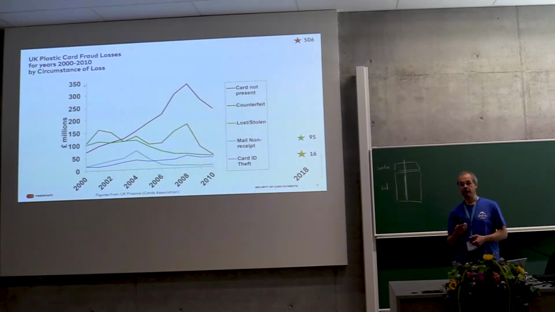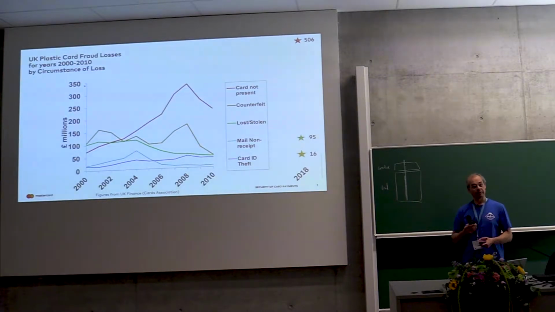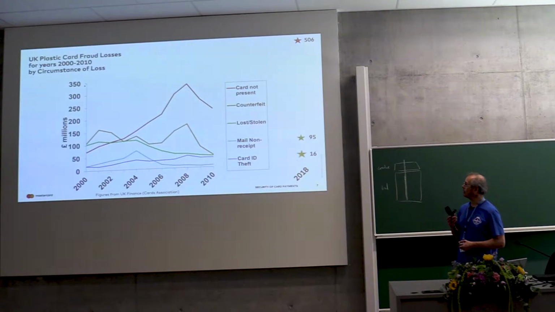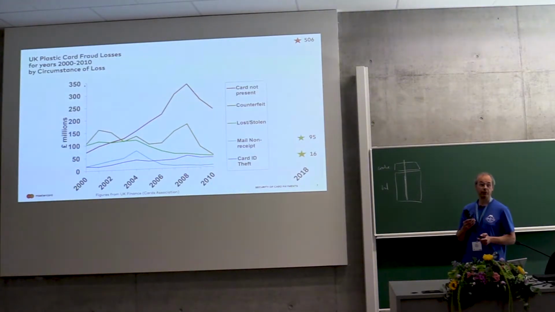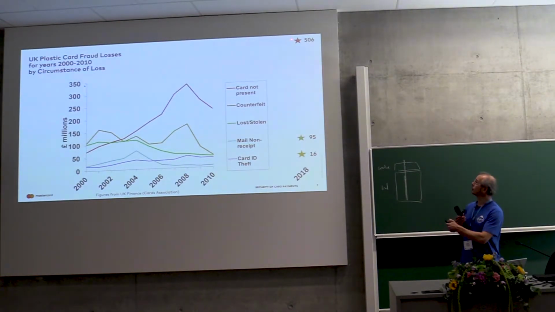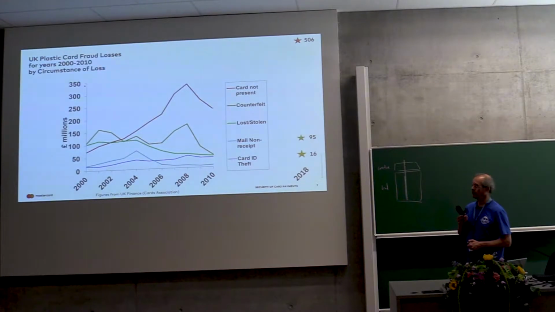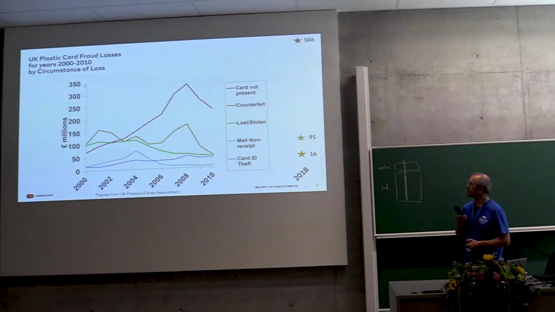It's not surprising that the fraud would be increasing at the same time because of that. But there are moves afoot to stop this high level of card not present fraud, and I'll talk briefly about that.